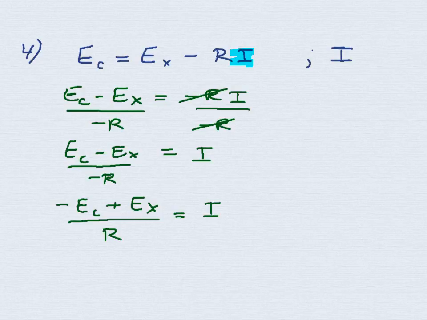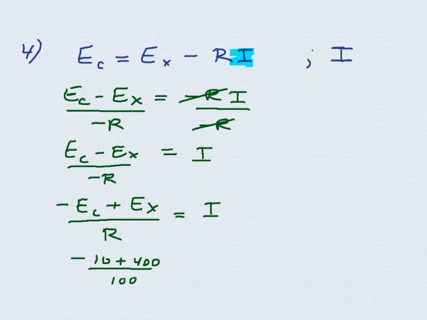So now in the question, if you're asked to solve for the current, and it tells you that your EC was equal to 10, and your EX was equal to 400. So minus 10 plus 400. And the resistance is 100.